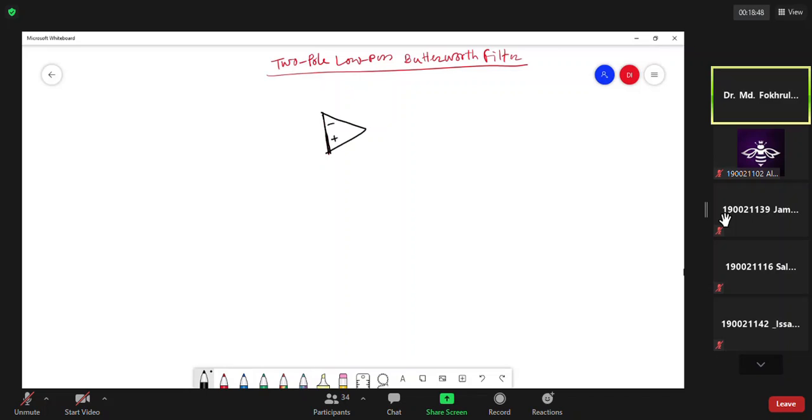as usual. We have the capacitor here, and we have the voltage follower circuit. We have one resistor, and another capacitor here. So this will be the output.